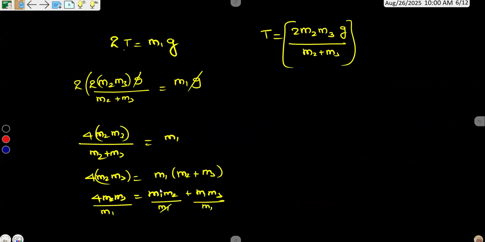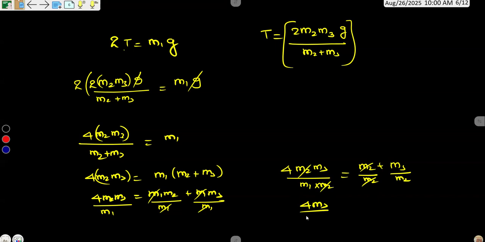So 4M2M3 divided by M1 is equal to M2 plus M3. Now what we'll do? Let us divide this entire equation again by M2. If I divide, M2 divided by M2 gets cancelled, this and this gets cancelled. 4M3 by M1 is equal to 1 plus M3 by M2.